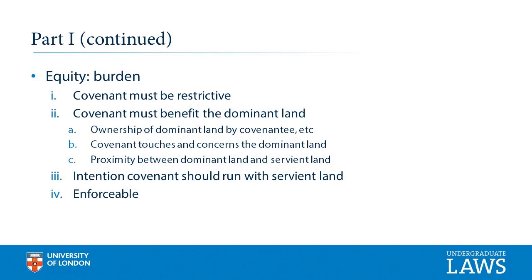And C. The covenant is not expressed to be personal. In other words, a covenant touches and concerns the dominant land if it is beneficial to the owner of the land in his capacity as the owner.